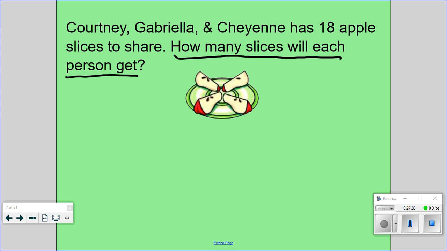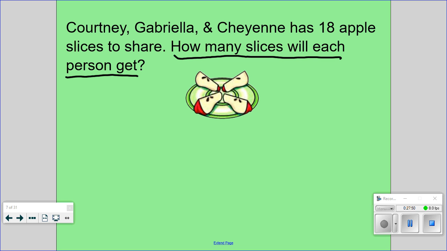Adria, what do you think? I said, the answer is they share blank apple. Nope, I already know how many slices they share. They share 18. That's not a question. Look at the question. How many slices will each person get? You should have most of those words in your answer.